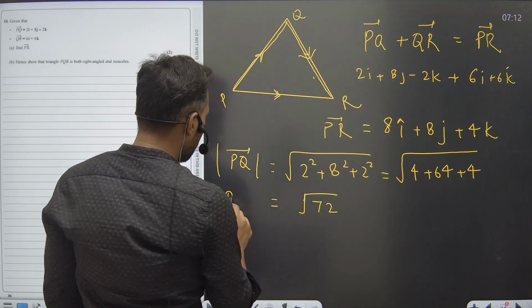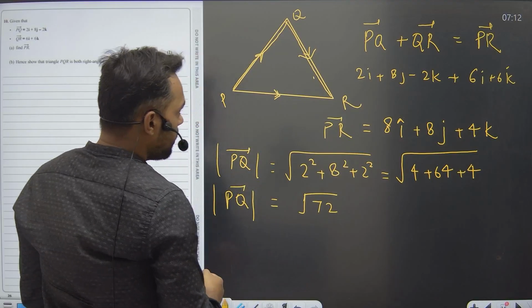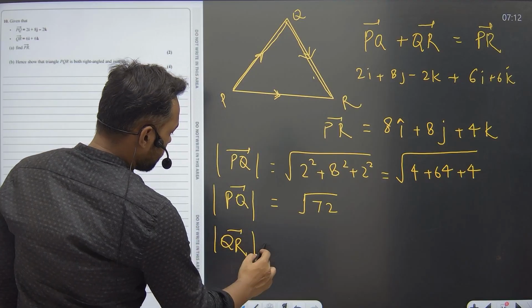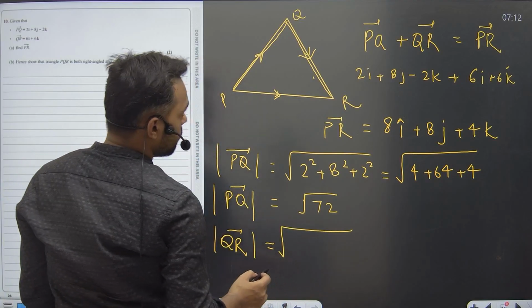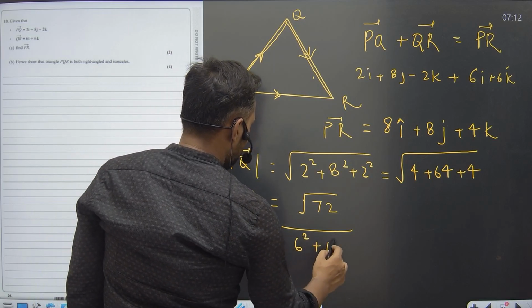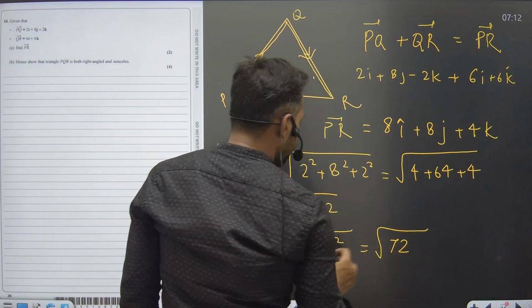So the magnitude of PQ vector is root of 72. Same we need to do with the QR vector. The magnitude of QR vector will be equal to the square root of 6 squared plus 6 squared, which equals root of 72.